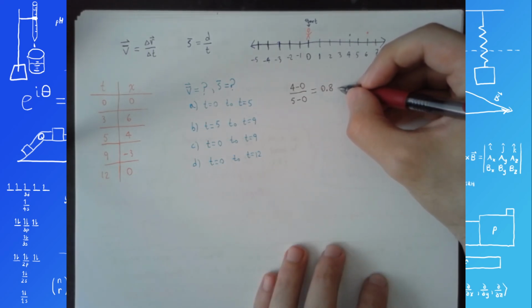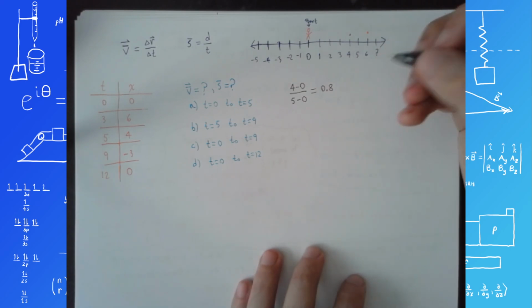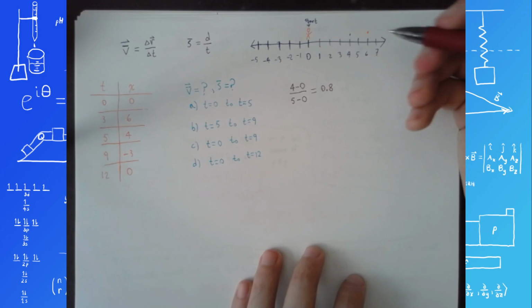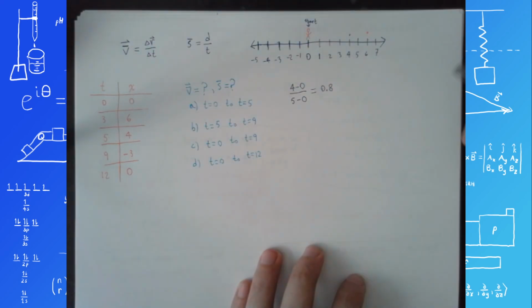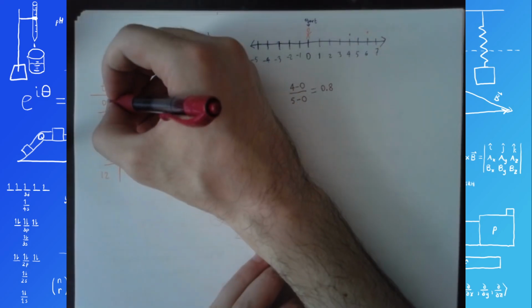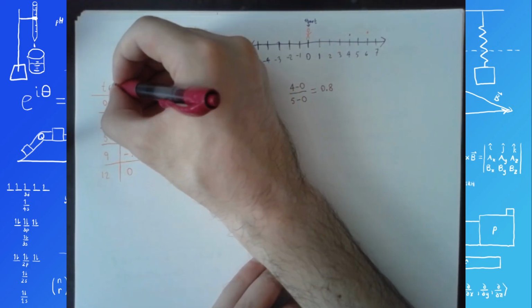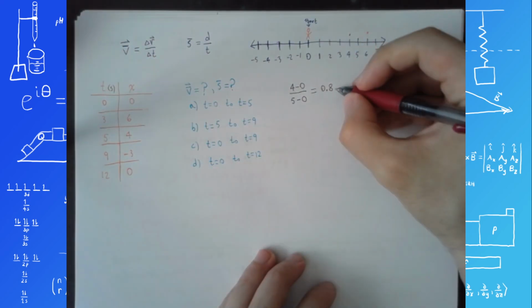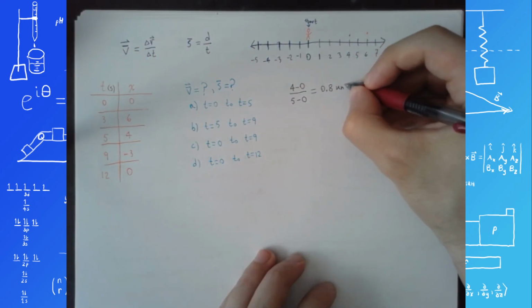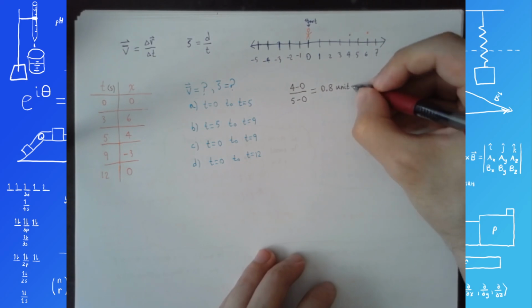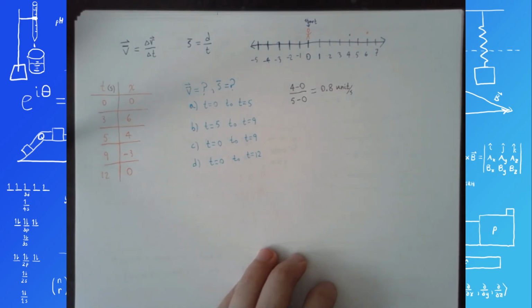And that would be, I guess I didn't specify units here, but if we said x was in meters and time was in seconds, I would call this meters per second. I'm going to go ahead and say that time is in seconds. X, we'll just call it units. I don't know what the distance unit is over here, but we'll just call it 0.8 units per second.